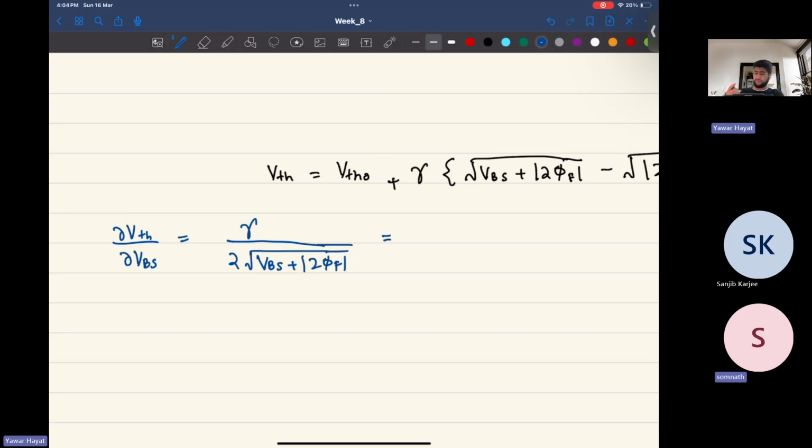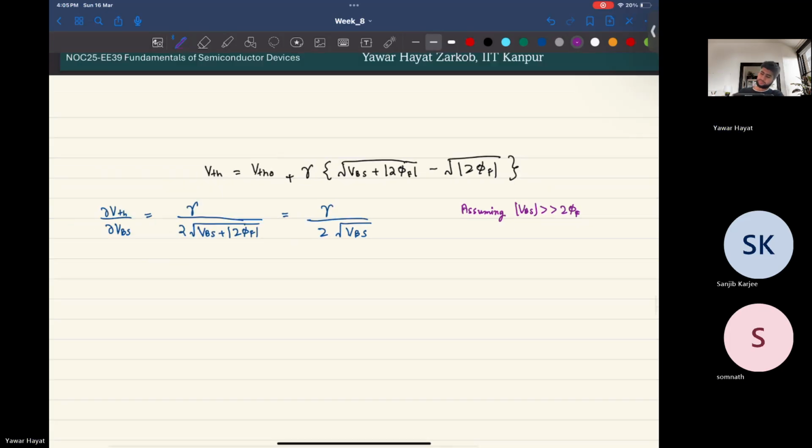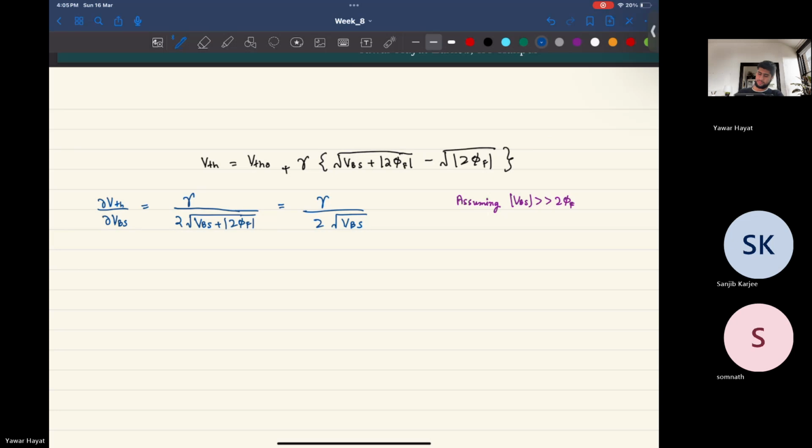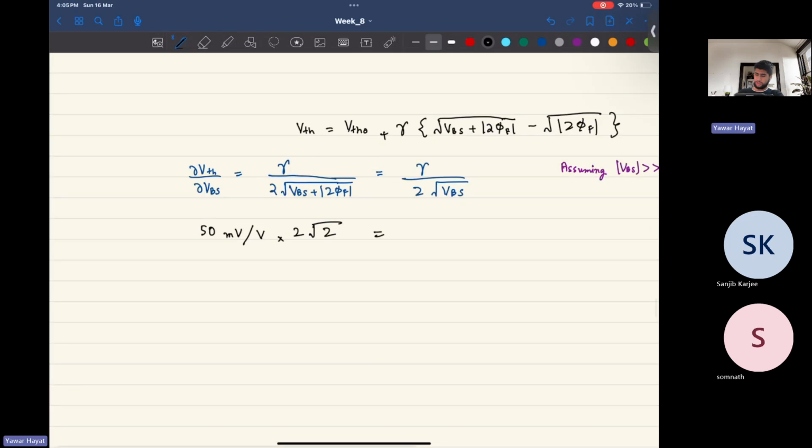And if you assume that your VBS is much greater than 2 phi B, then it is gamma over 2 square root of VBS. So 50 millivolt per volt equals gamma over 2 square root of 2.